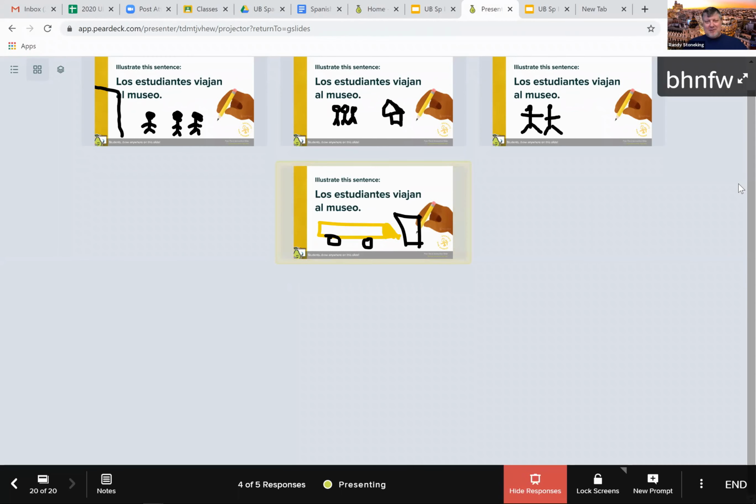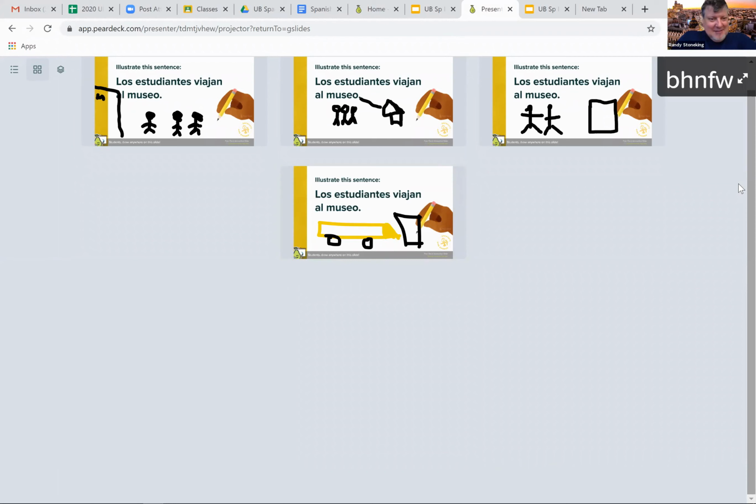The school bus is a good way to illustrate that. I assume that's a school bus. Five, four, three. Okay, let's finish them up there. Yeah.